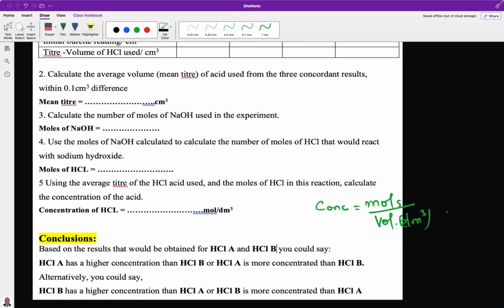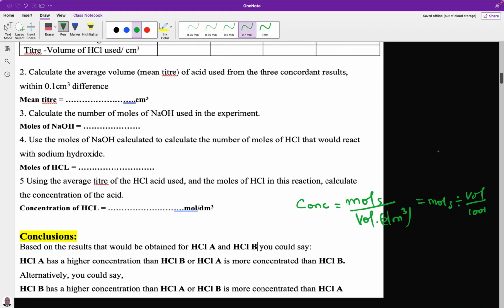When you divide the volume by 1,000, the concentration will be the moles divided by the volume over 1,000.